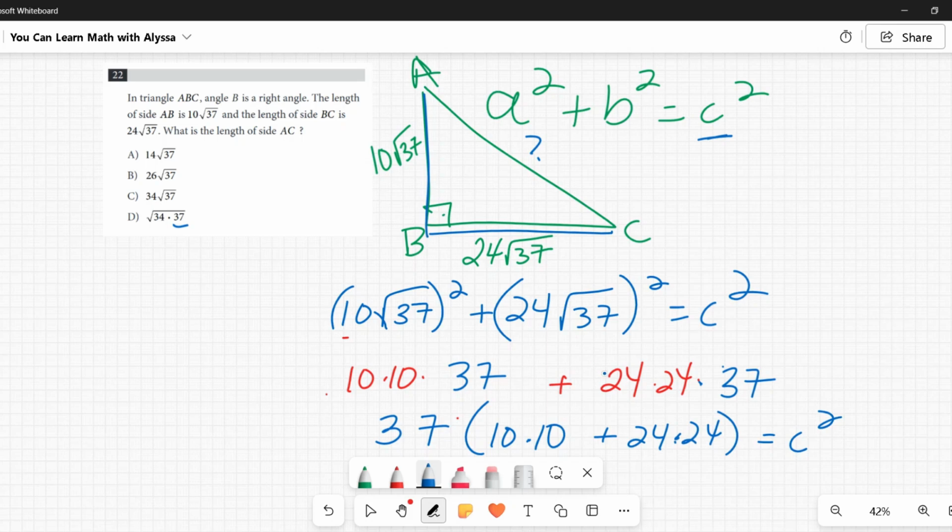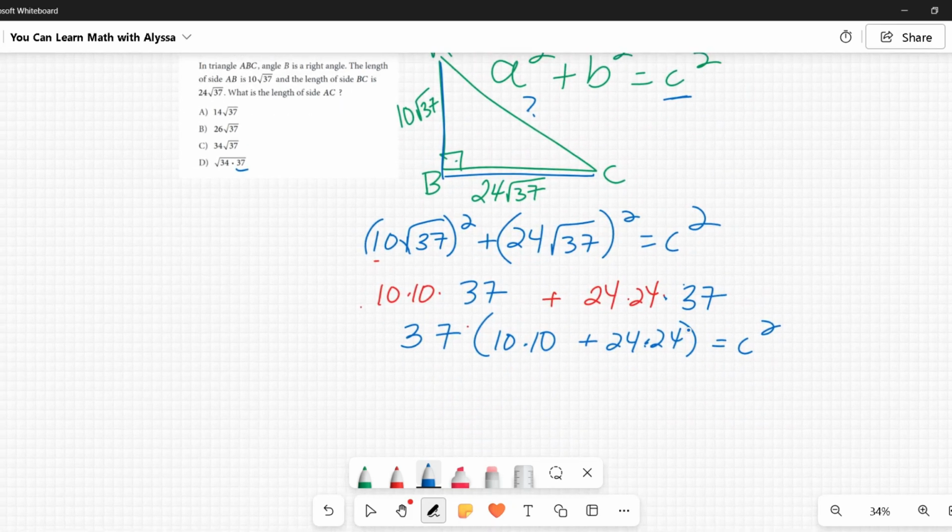And move that up. Okay, 10 times 10 is 100, and 24 times 24 is 576. So 100 plus 576 is 676. So it's 37 times 676 equals c squared.